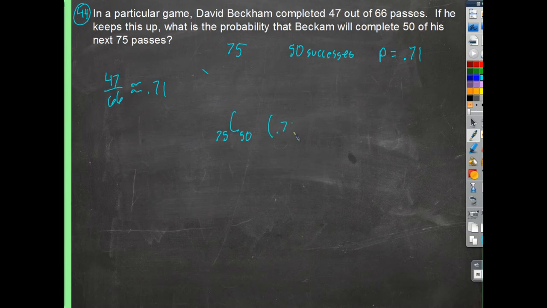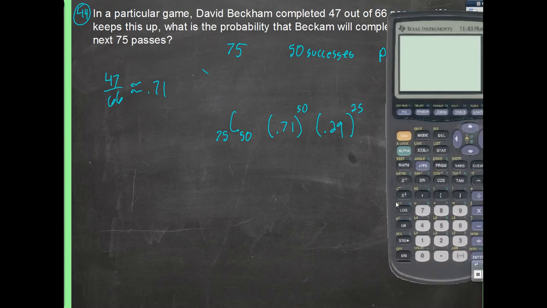The probability of a success is 0.71. He's going to have 50 successes, so we raise that to the 50th power. He's also going to have a certain number of failures, 25 failures in this assumption, and the probability of that is 0.29. So we multiply this all together, and that's the probability that he gets 50 out of the next 75 passes.